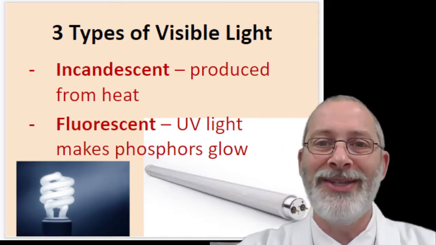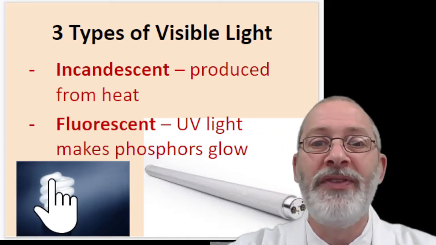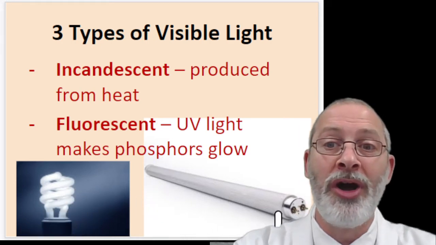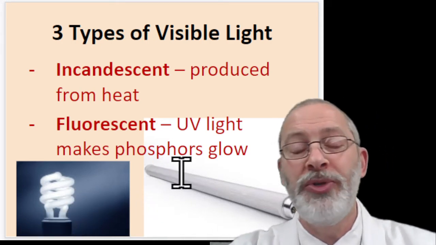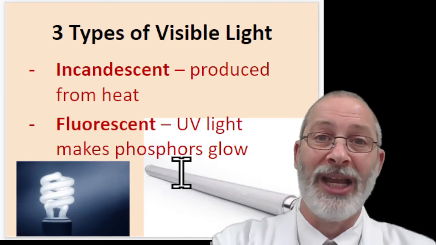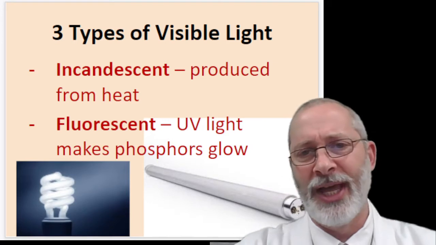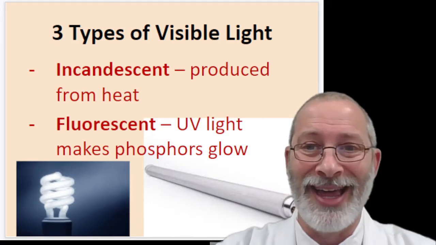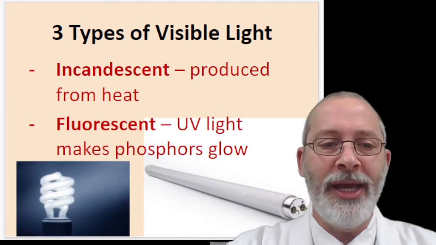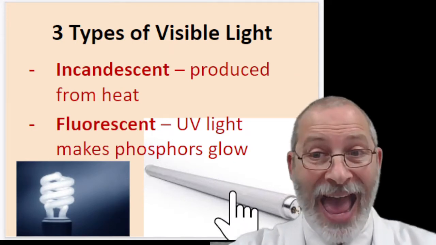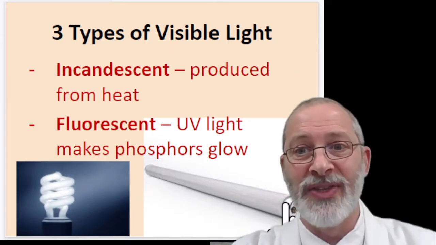But fluorescent lights, maybe you've seen these spiral tubes or these long cylindrical tubes. These fluorescent lights work in a different way from incandescent lights. Fluorescent lights actually allow electricity to pass through a gas inside this tube.